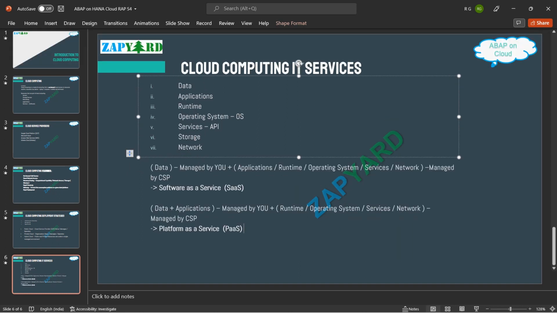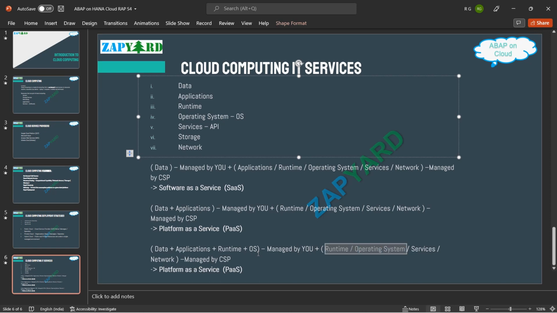So what is the next category of IT services? Here we have data, application, plus the runtime along with OS, all managed by the company which is implementing the ERP landscape, but the rest of the components like the API services or the other kinds of services along with the network is all managed by the cloud service provider.